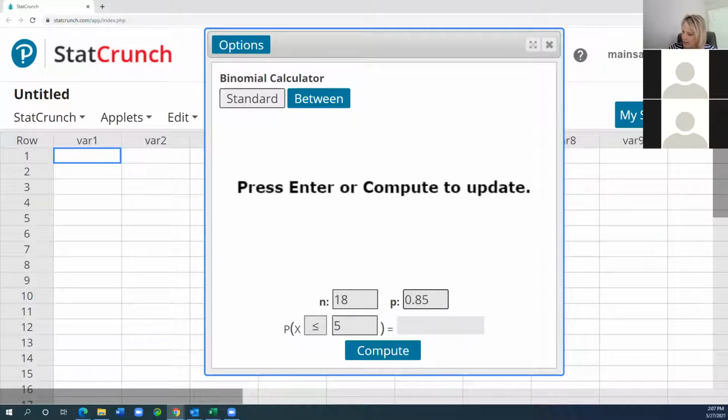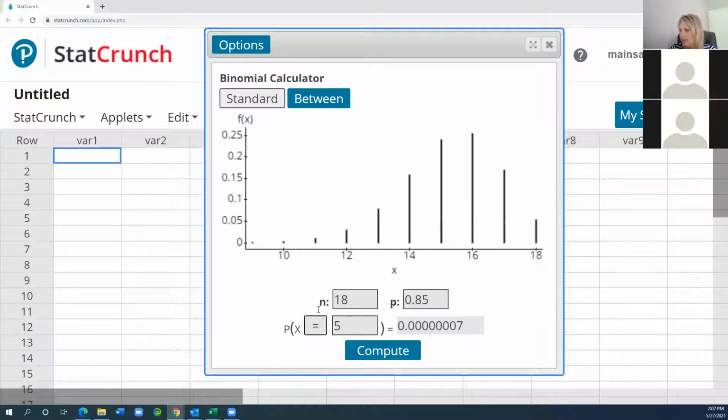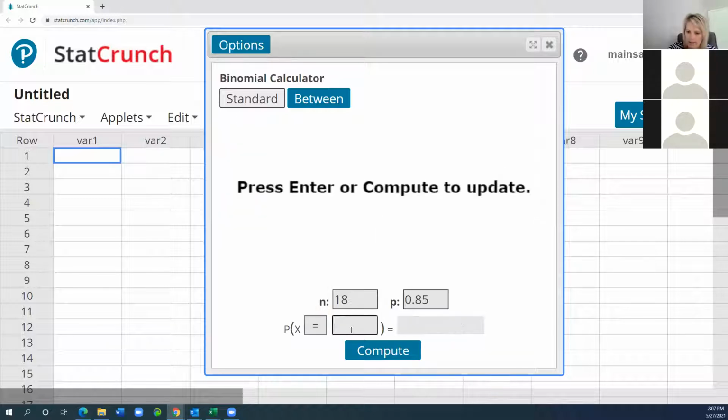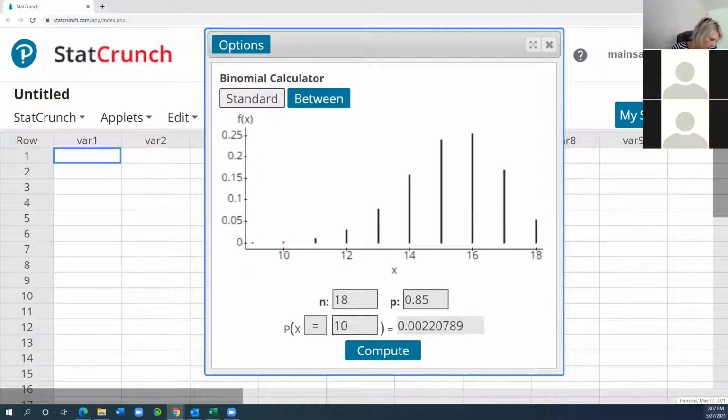And then letter A said, what about equal to? So we want to choose equal to 10, and we can hit compute. And we should get 0.0022.